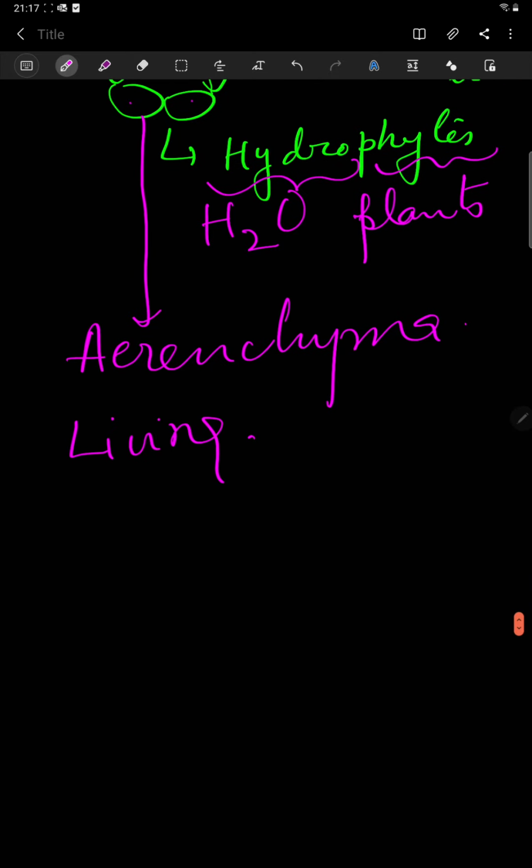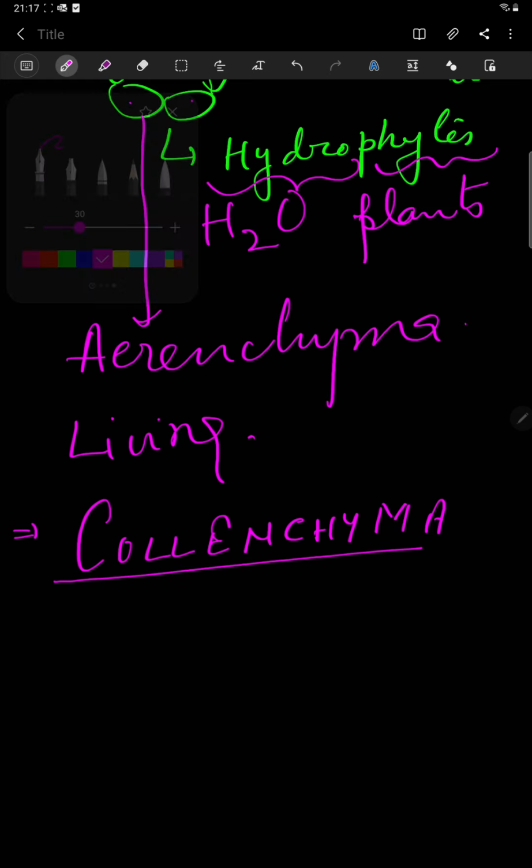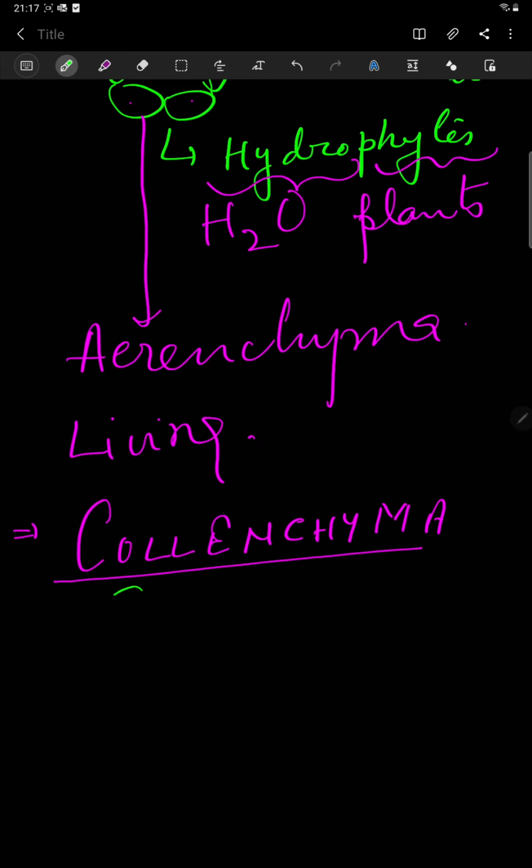In the same simple tissue, the next is collenchyma. So what is this collenchyma? In this collenchyma, the cells are similar to this one. I am going to change the color, taking the previous one, so the concept will be more clear to you.